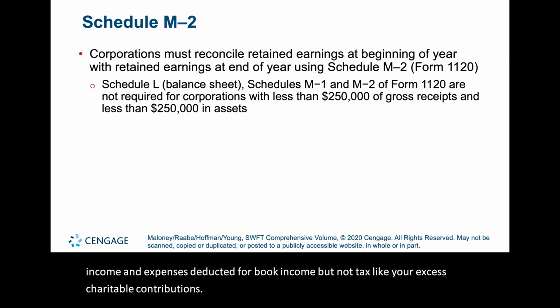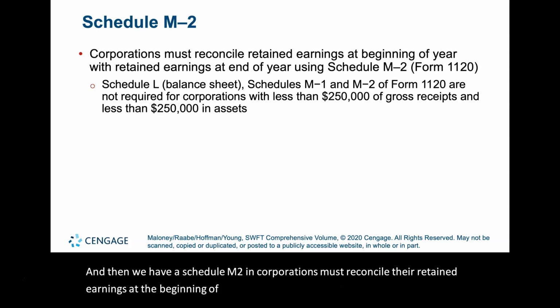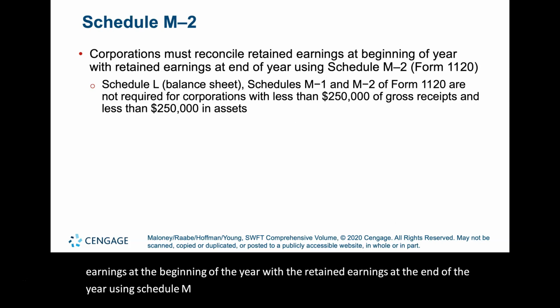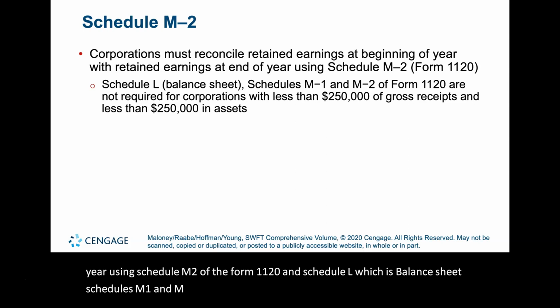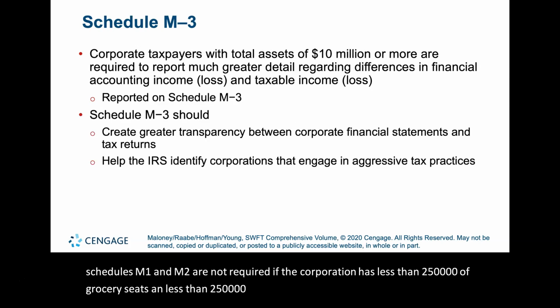And then we have Schedule M-2, where corporations must reconcile their retained earnings at the beginning of the year with the retained earnings at the end of the year using Schedule M-2 of the Form 1120. And Schedule L, which is the balance sheet. Schedules L, M-1 and M-2 are not required if the corporation has less than $250,000 of gross receipts and less than $250,000 in assets.